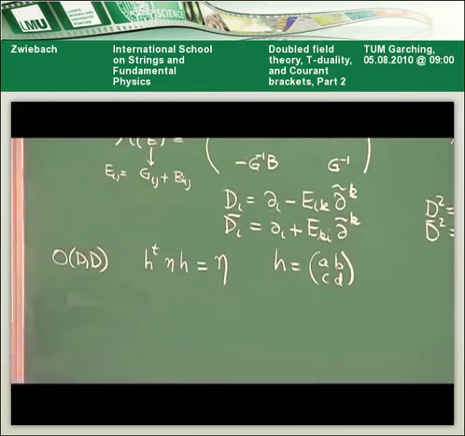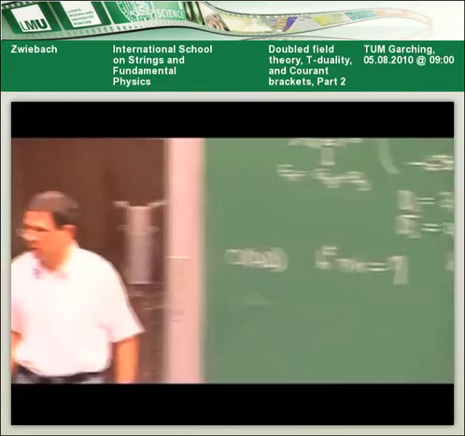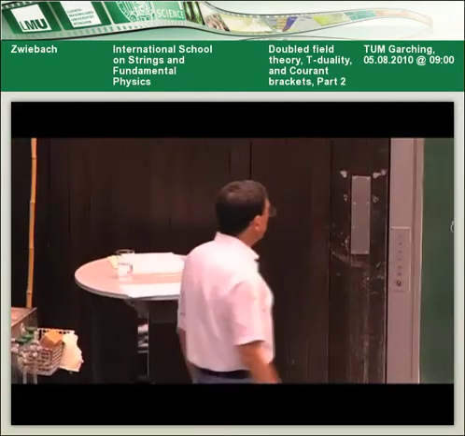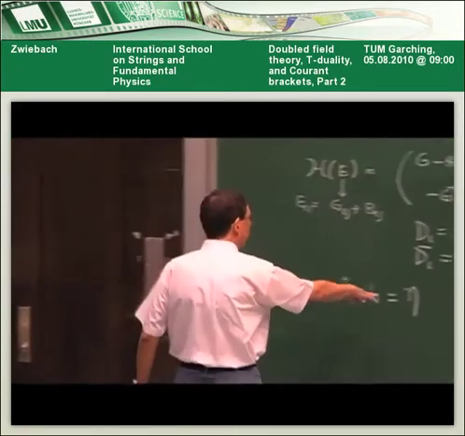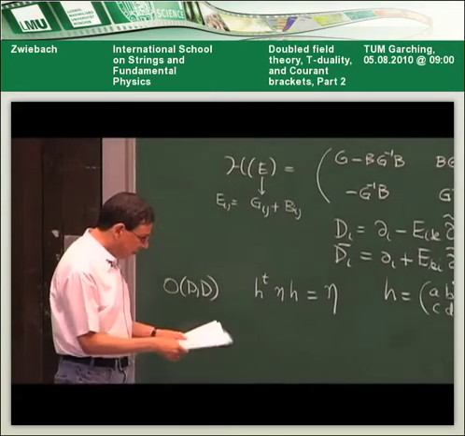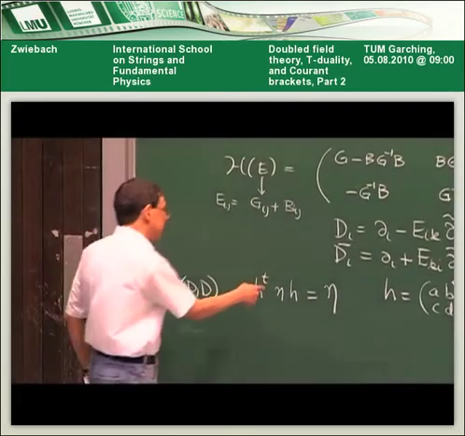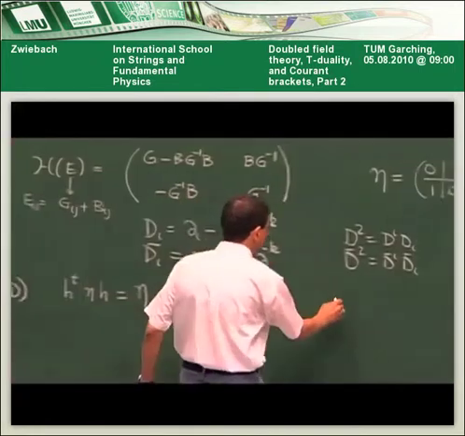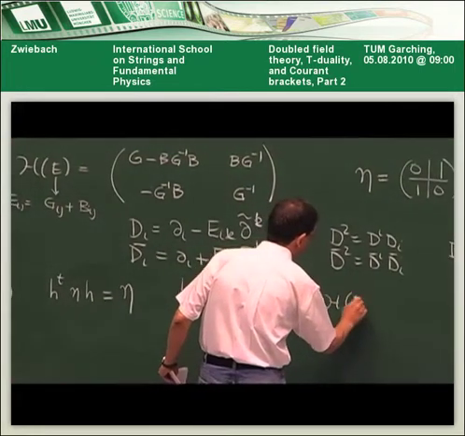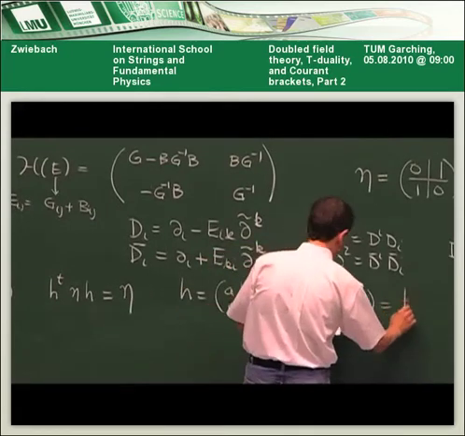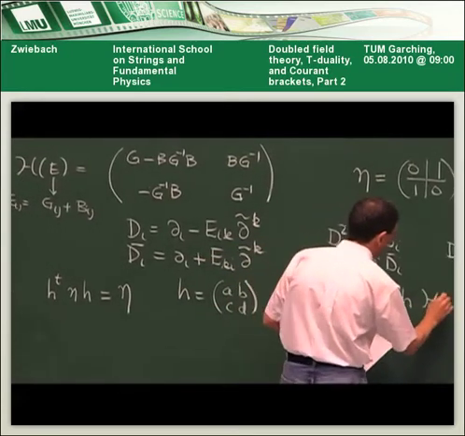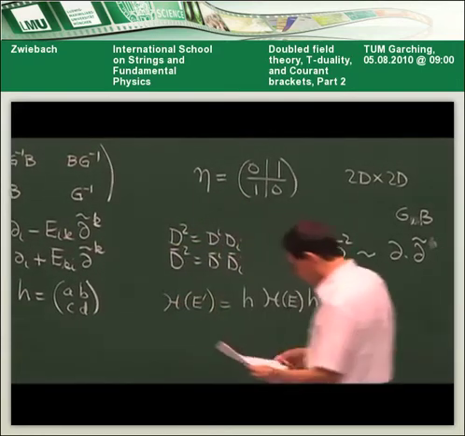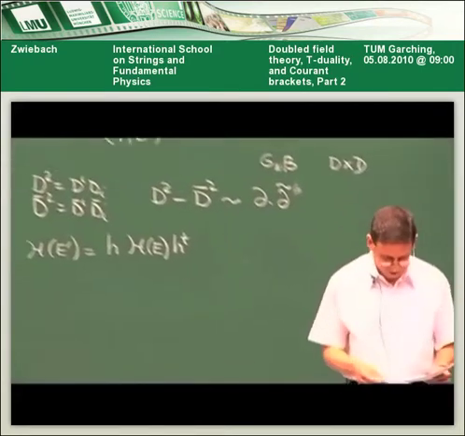And we looked at the invariance of the Hamiltonian. The string Hamiltonian was supposed to be left invariant by these things, and that required first that this be true, and then it required that H of E prime be equal to little h, H of E, H transpose. So lots of H's, but we'll keep them straight.